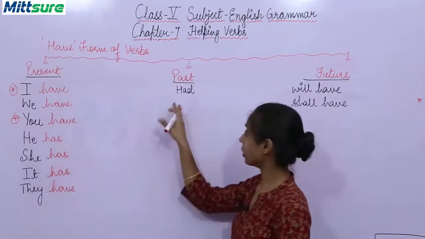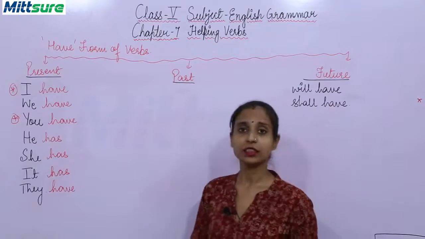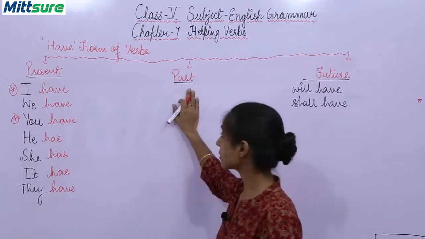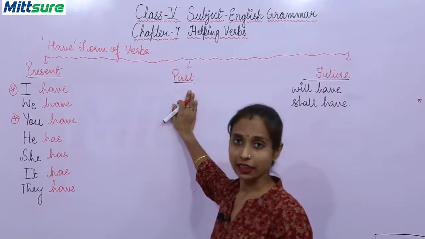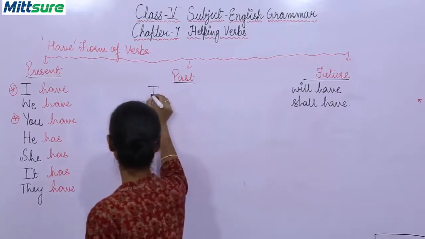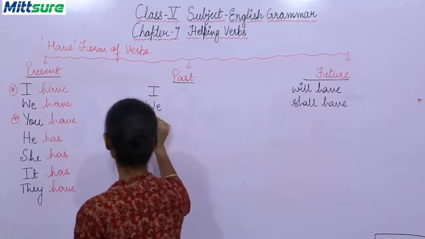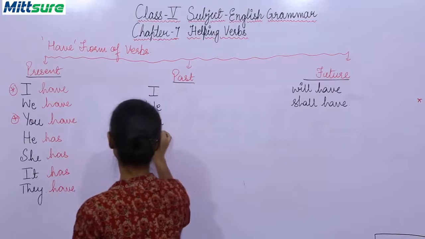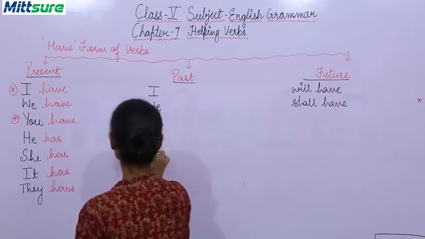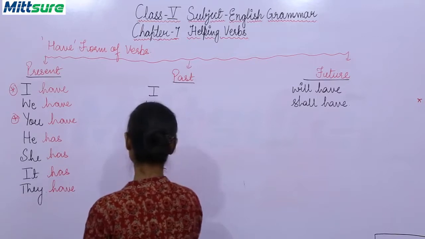Clear? Now coming to the past tense. In past tense we use had. So let us write the subjects first. I, we, you, he, she, it, and they.